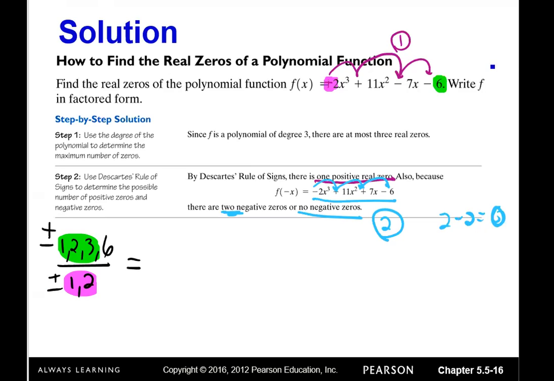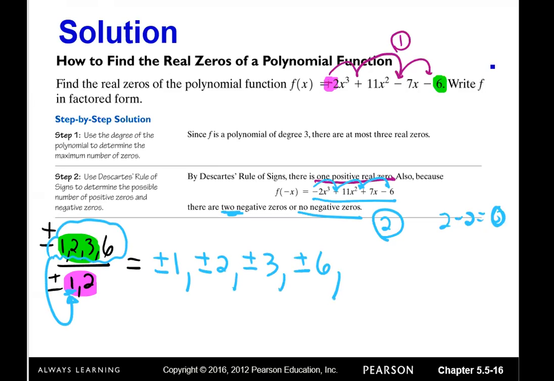Okay, when you take into consideration the denominator of 1, if I take any one of these numbers and put it over a 1, 1 over 1 is 1, so it's either positive or negative 1. 2 over 1 is 2, so it's positive or negative 2. 3 over 1 is 3, so it's positive or negative 3. And 6 over 1 is 6, so it's positive or negative 6.